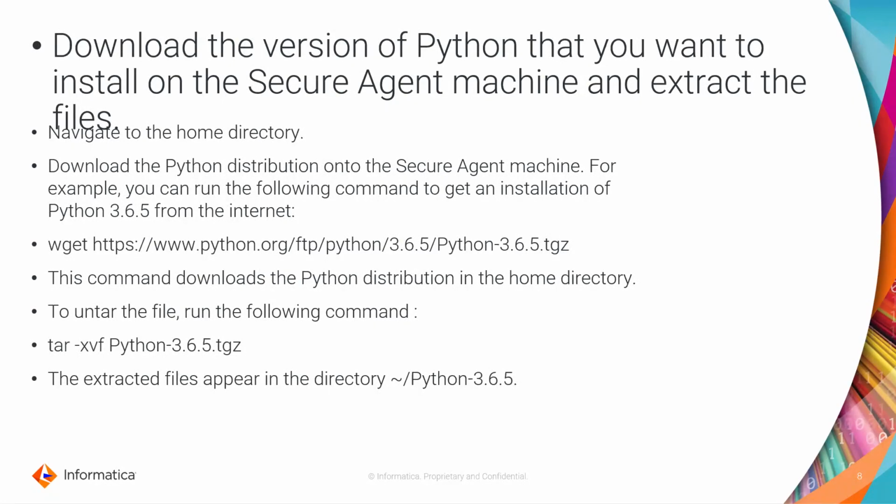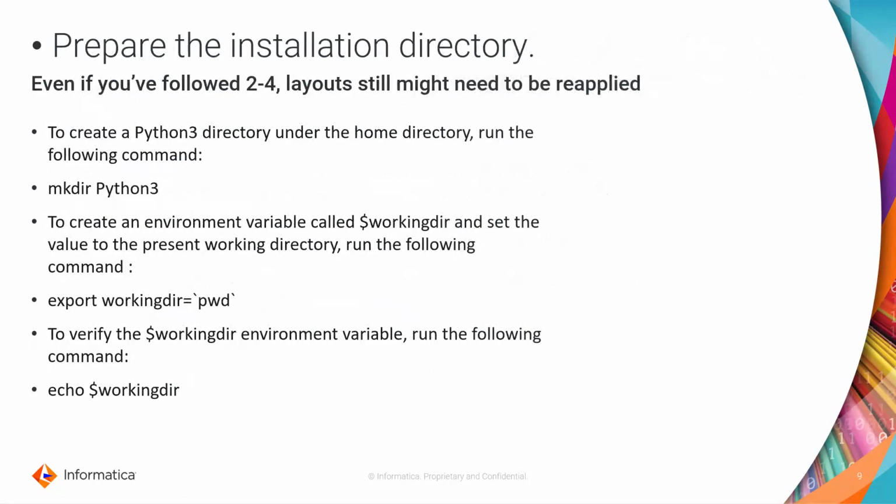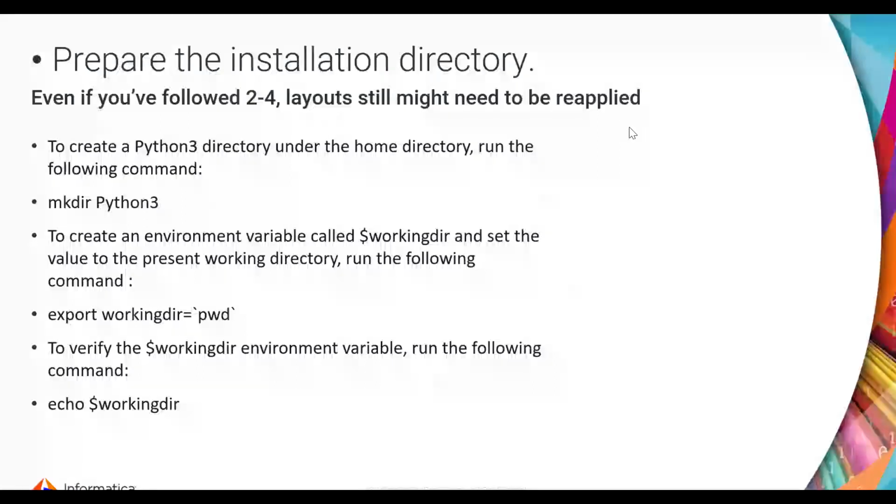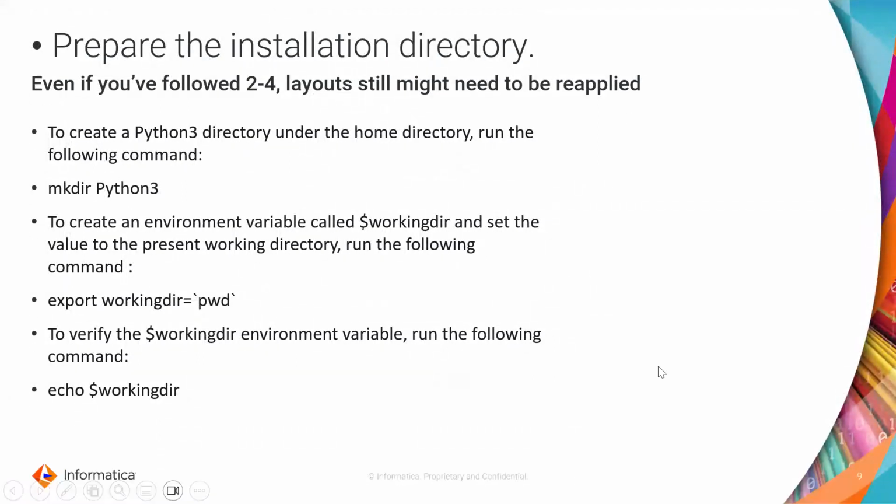You can use the wget command below, and then you can untar it. The next step will be to set up the directory. You can create a Python 3 directory, and then you can set up the working directory.